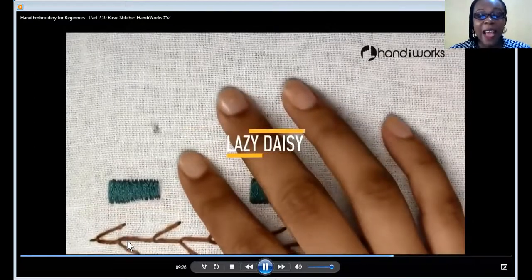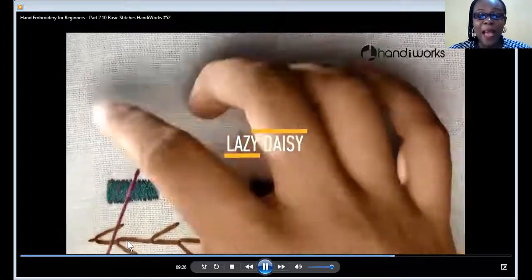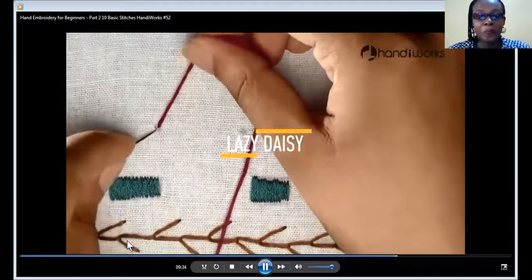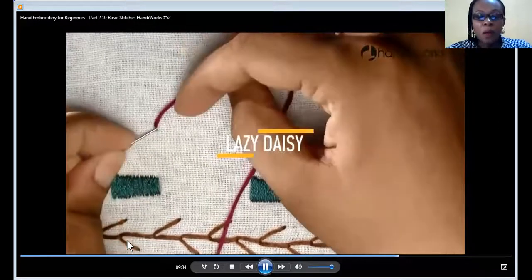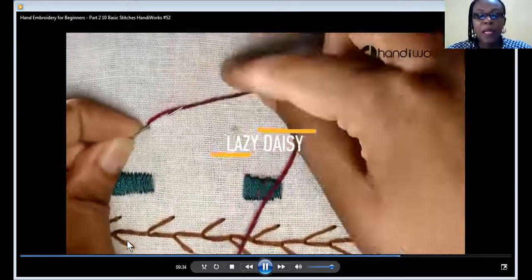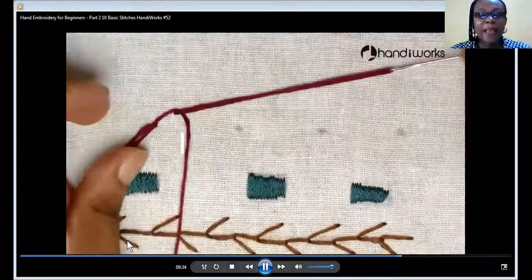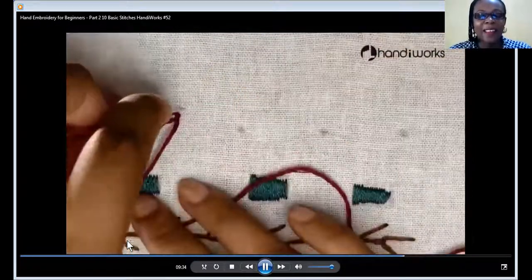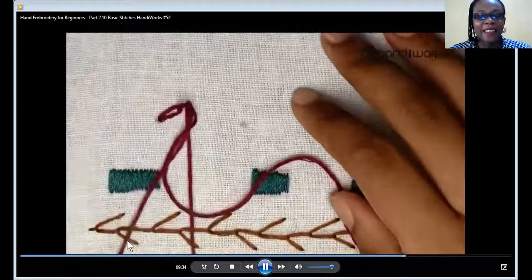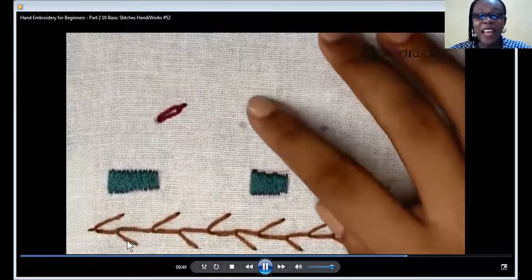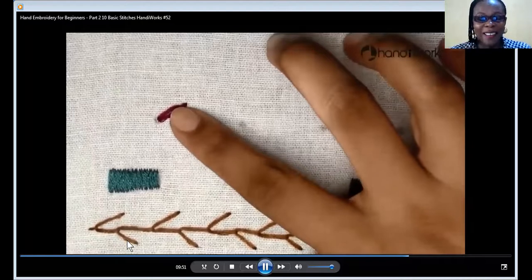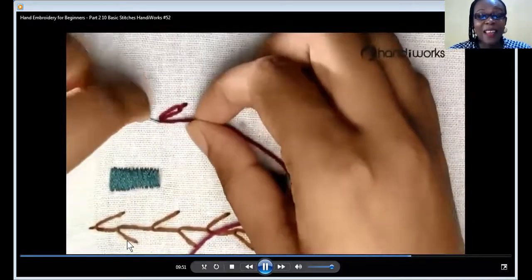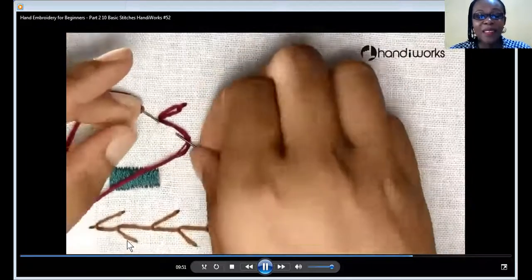Lazy daisy. Lazy daisy is another type of stitch and it's very, very unique. Very simple.